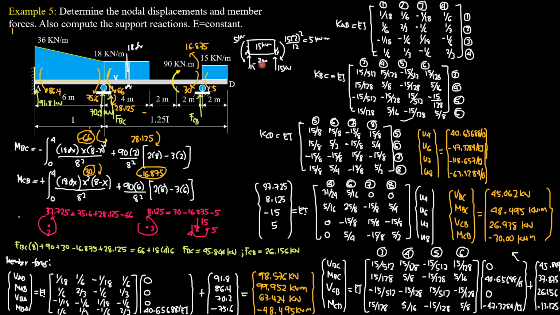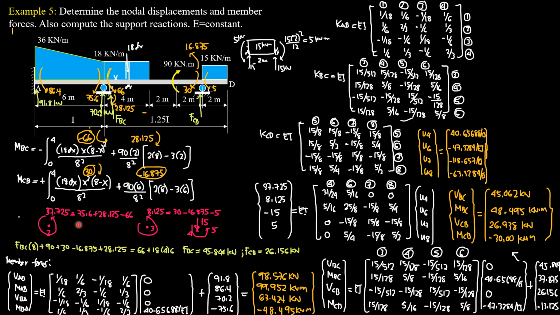So 15 times 2 over 2 is 15 kilonewtons, 15 kilonewtons. But we are interested in this load here. So therefore, at this node, which is node 4, 7, 8, the vertical load is 15 downward, opposite to this, and the moment is counterclockwise positive 5 as shown here.